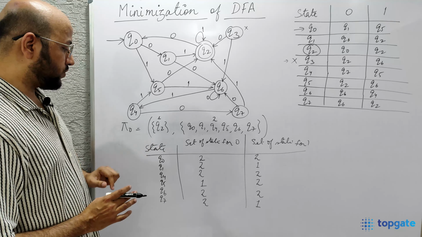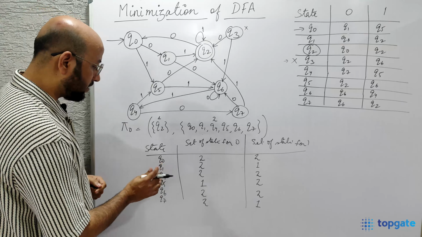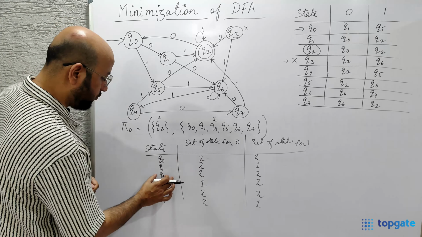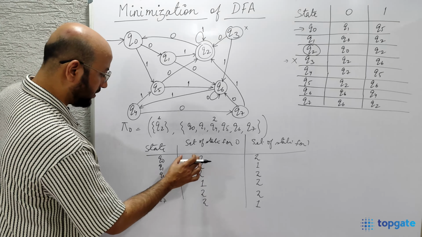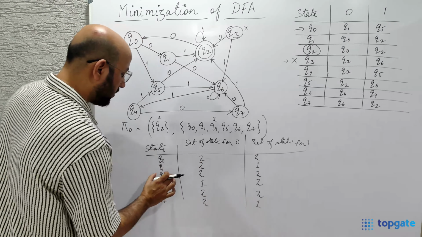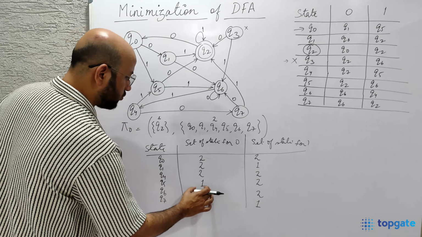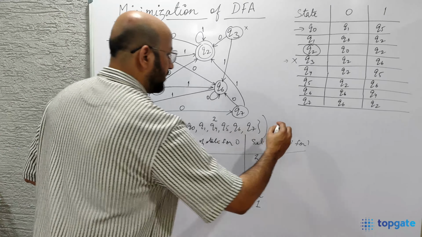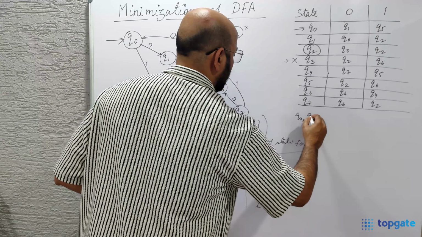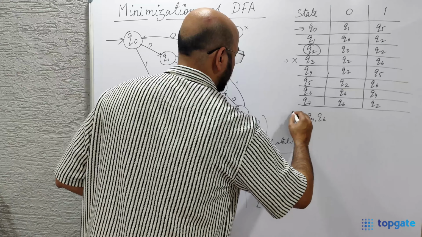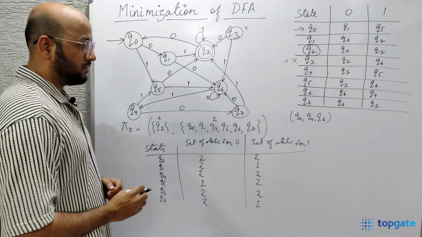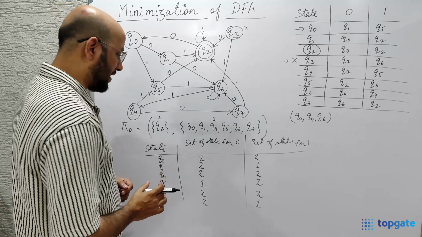Now if you analyze this, you observe that Q0 has 2, 2, Q4 has 2, 2, and Q6 has 2, 2. So all these three are similar.